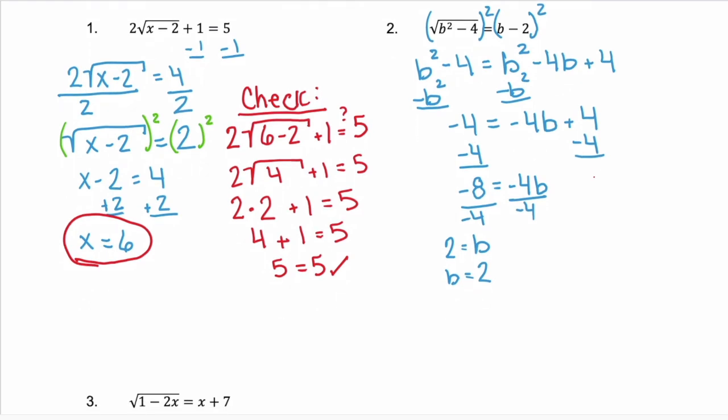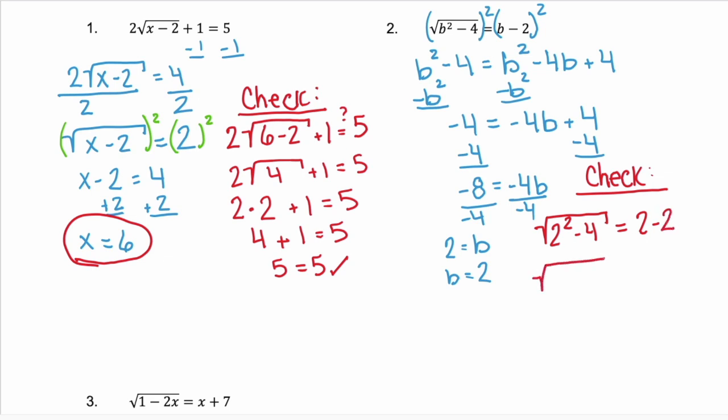Now let's do our check, because remember, that's the most important step. Make sure that b equals 2 works in that original equation. So we had b squared, so 2 squared minus 4, take the square root of that, equals 2 minus 2.